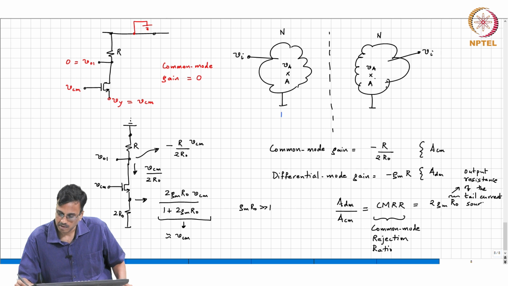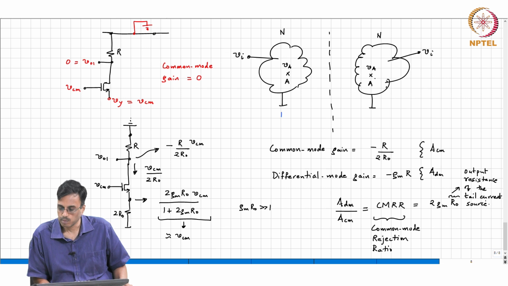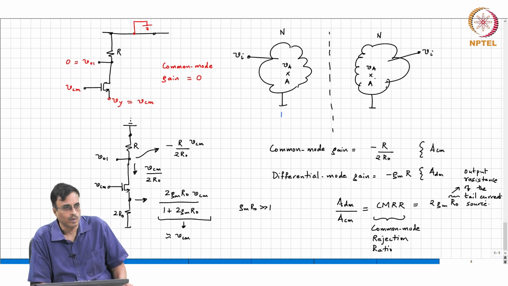Again, we see that nothing in the world which is supposed to be infinite will be infinite. That common mode rejection ratio is not quite infinite. We only hope that it can be a large number.